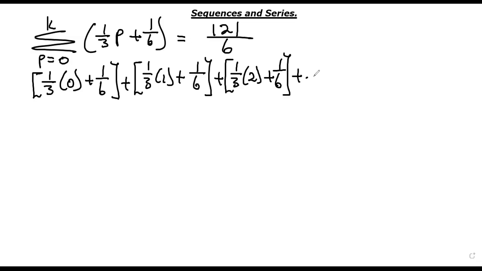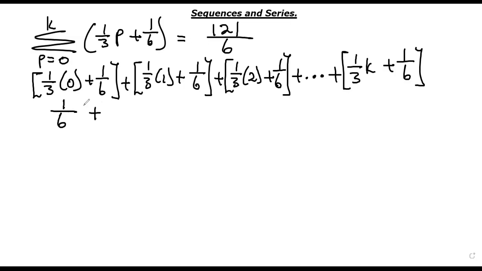Then we show them that we have added so many terms in between up until we got to the last term, which we obtain by substituting p equals k. Do you see that? Then you go to your calculator and say 1 over 3 into 0 plus 1 over 6. So you find that the first term is 1 over 6.